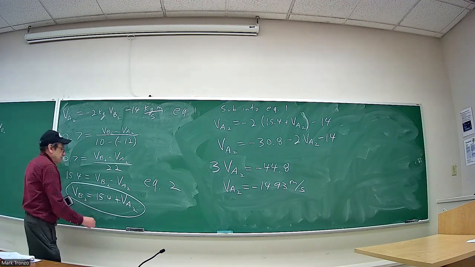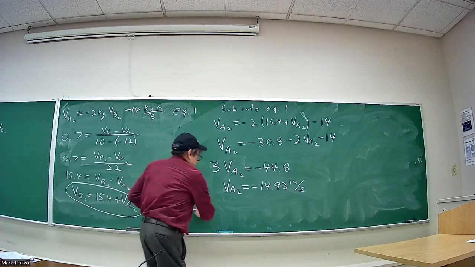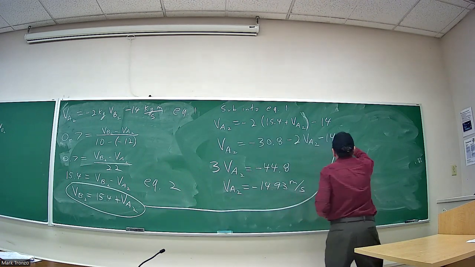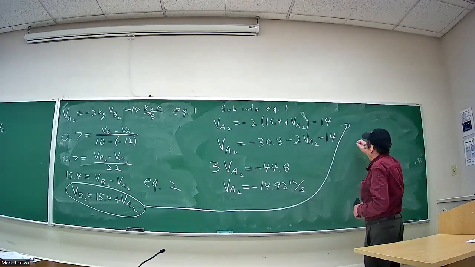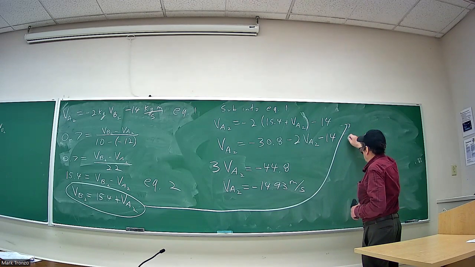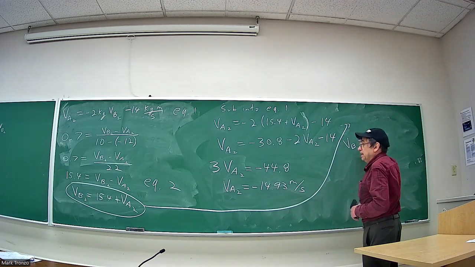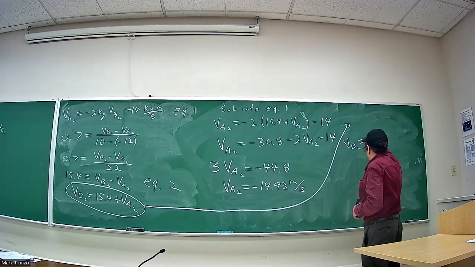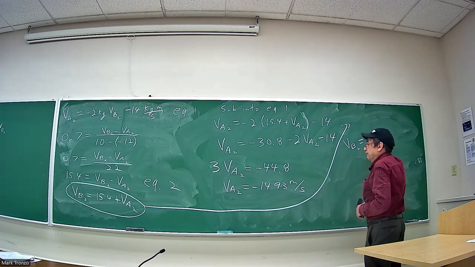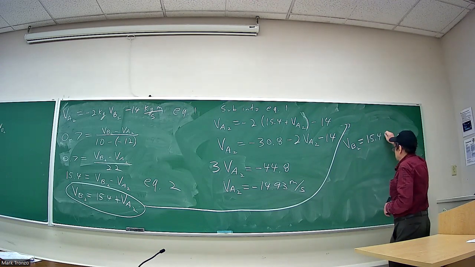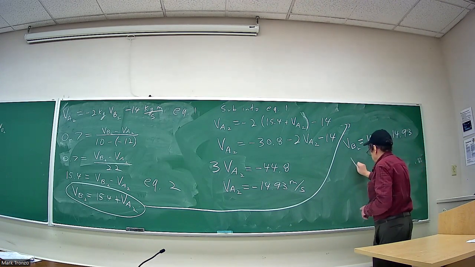Now we want the velocity of B after impact. We can use this equation here. And so it'll be VB2 equals 15.4 minus VA2, 14.93.